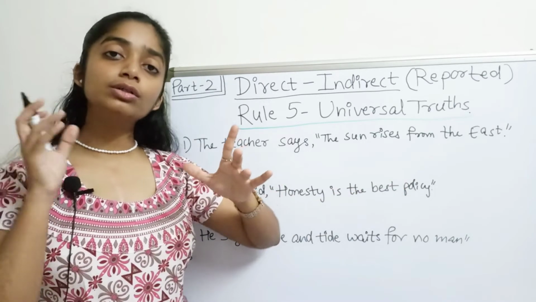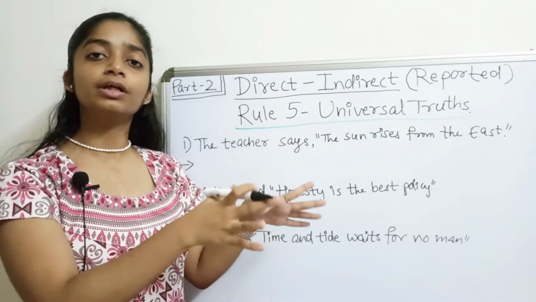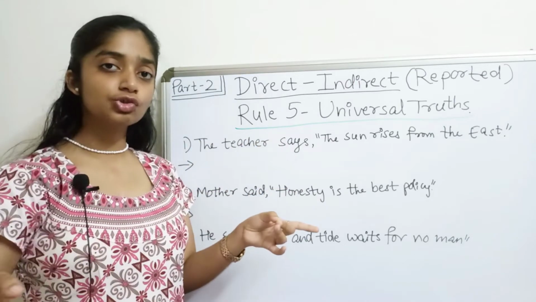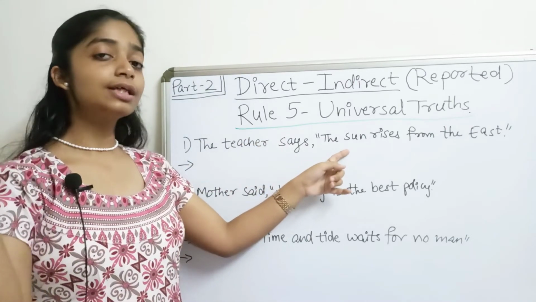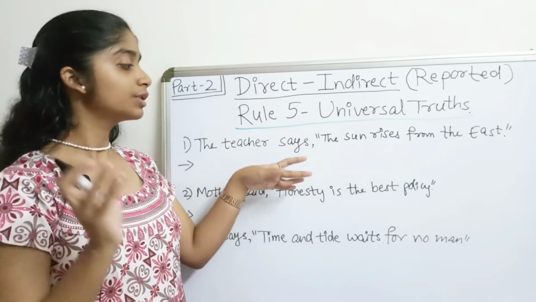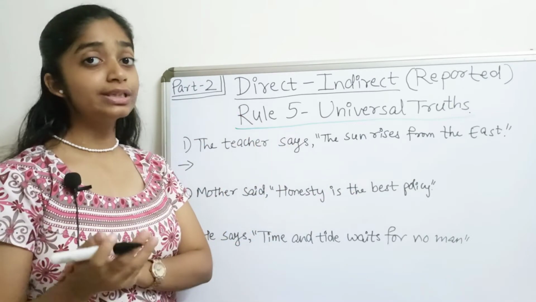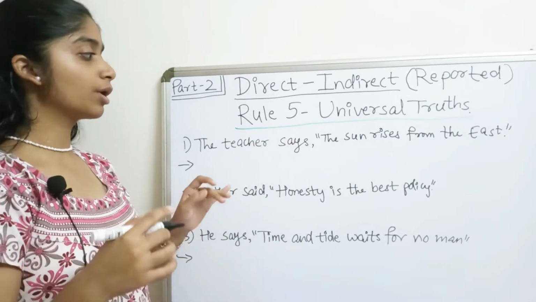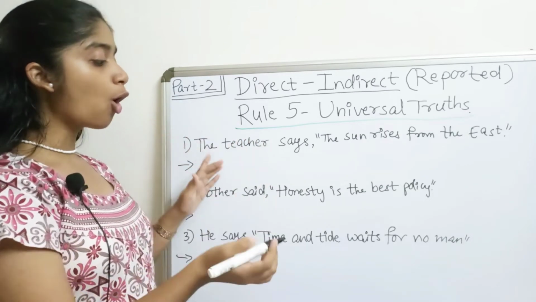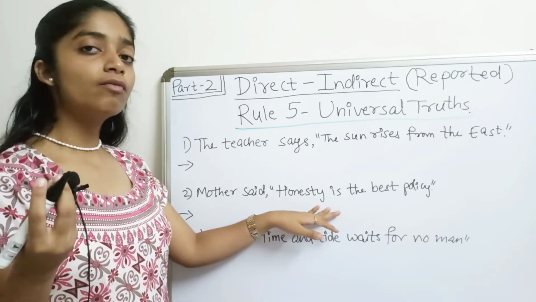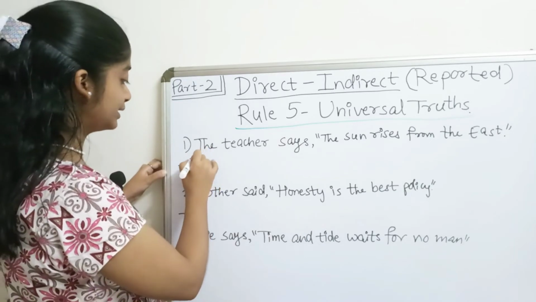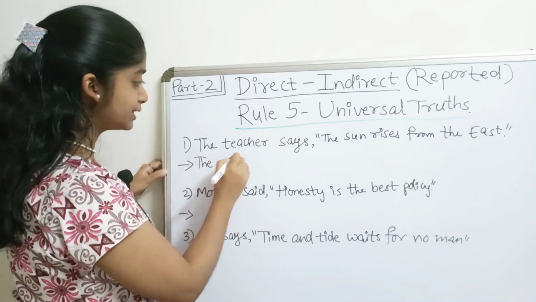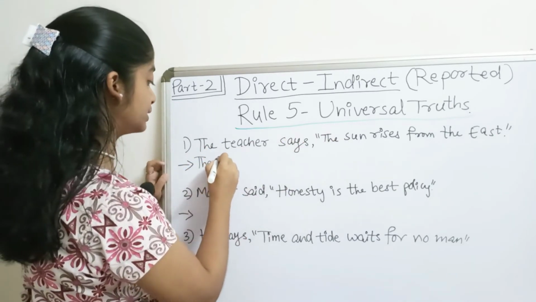The sun will always rise from the east. It won't change its position, so it is a universal truth. Now, what are we going to do in such type of sentences when we come across universal truths or such type of proverbs? See, the teacher says the sun rises from the east.